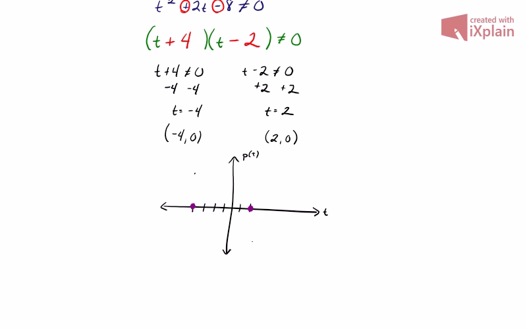So that means that my end behavior is going to be up, up. And again, what you want to note here is that this has a degree of 1, and this has a degree of 1. So that means that when our function approaches that x-intercept, it's going to cut through it. So we're going to essentially see something like this.